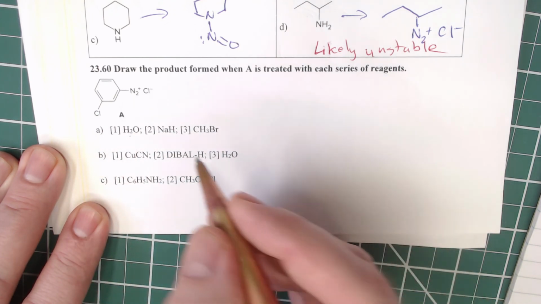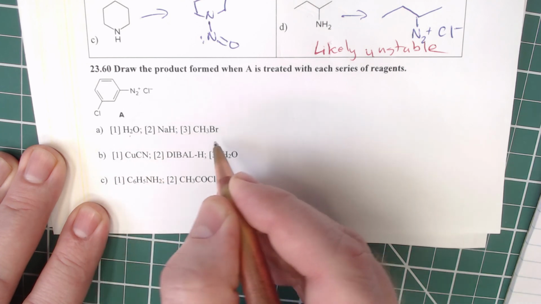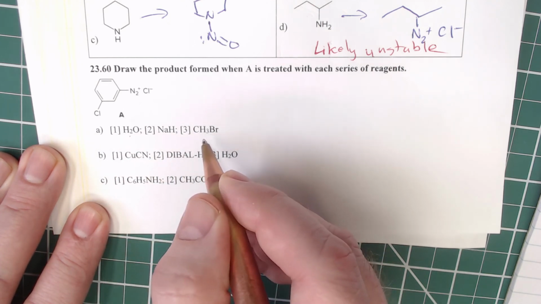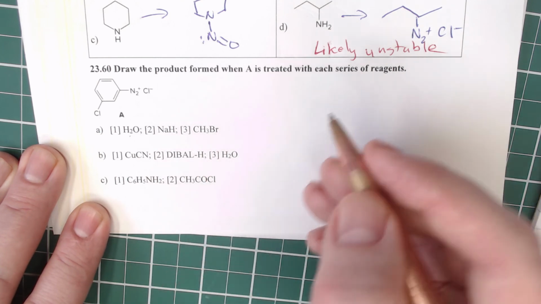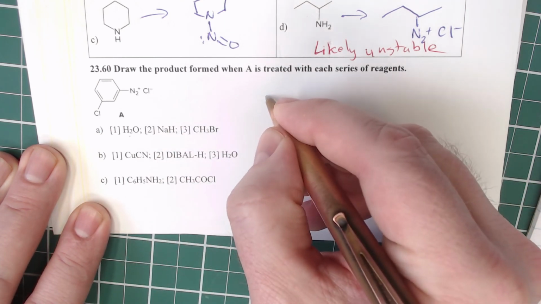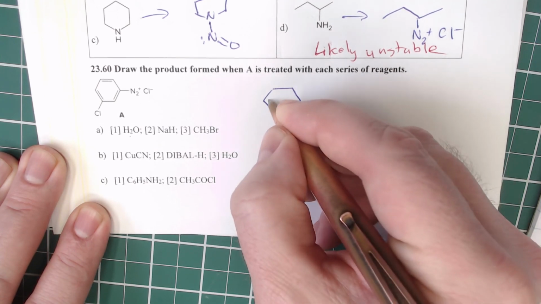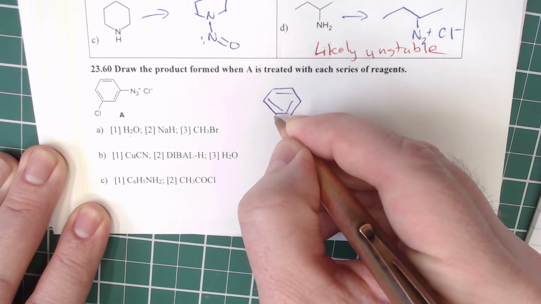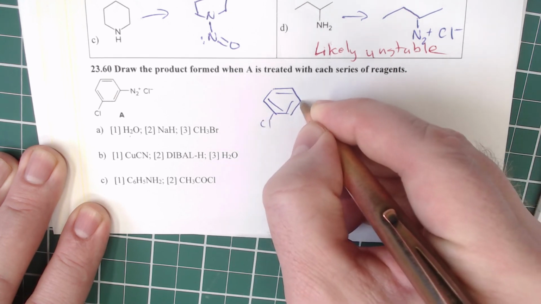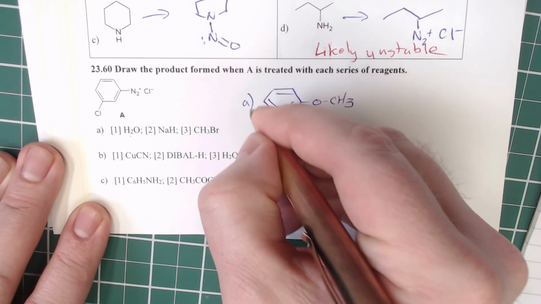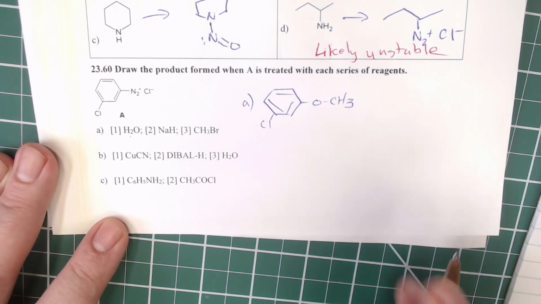That phenol we can then deprotonate, and then when we treat it with methyl bromide, we're going to get the methoxy group. So we will convert that into that. So that is the answer for part A.